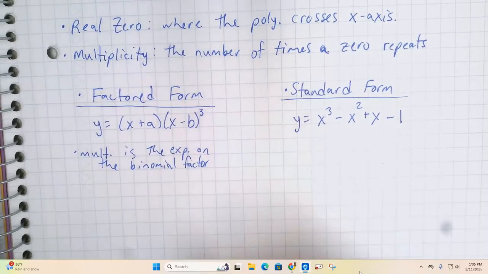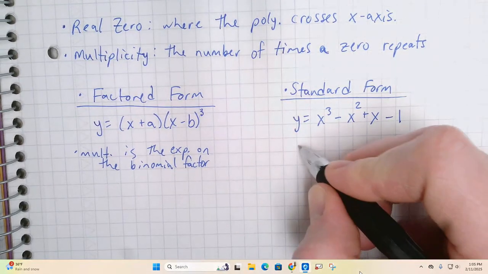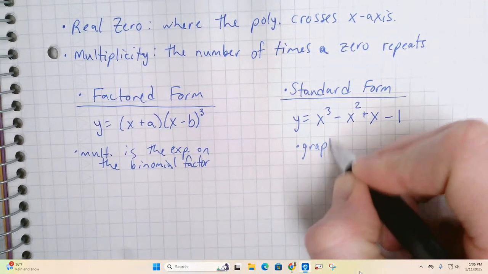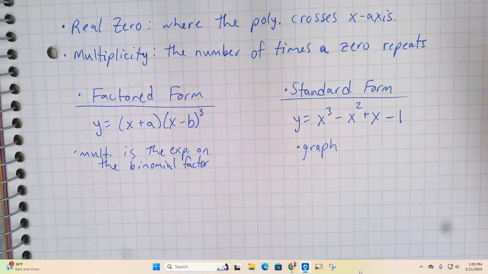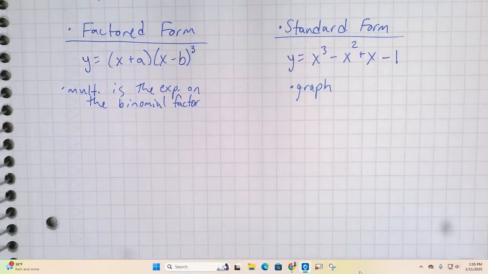And I'll explain that more in just a second as we keep going. And then the standard form, you could just look at the graph. And I'll draw a few graphs for you so you can see what I'm talking about on the multiplicities. So this will tell you how many times the solution is repeated.